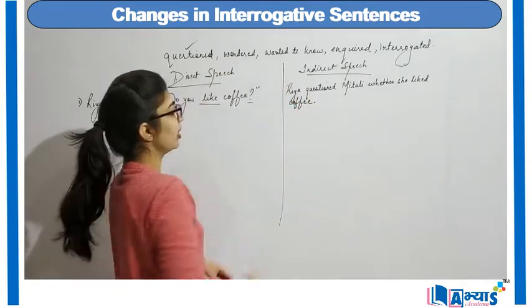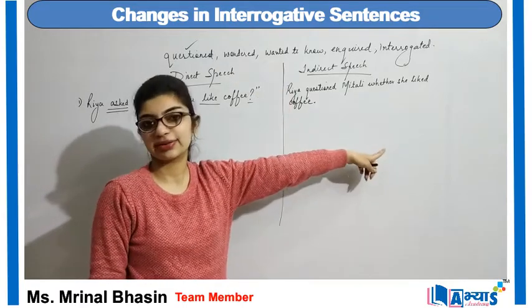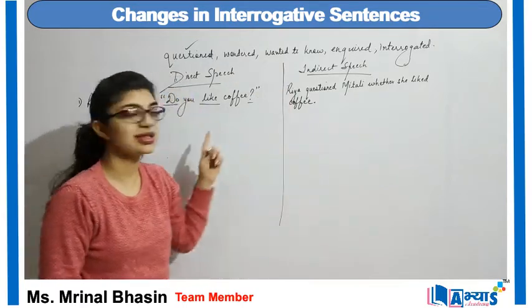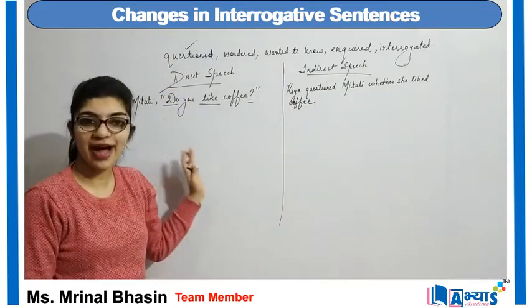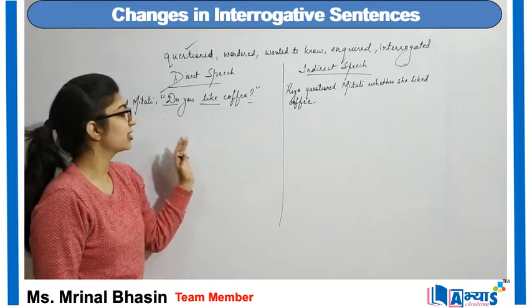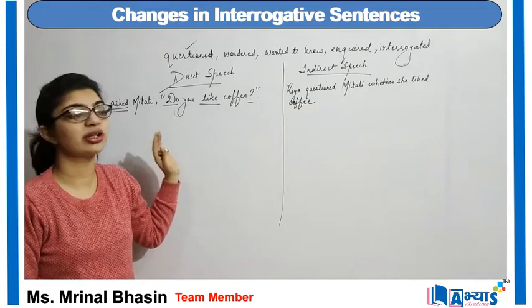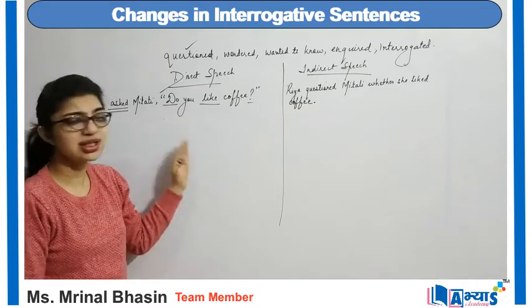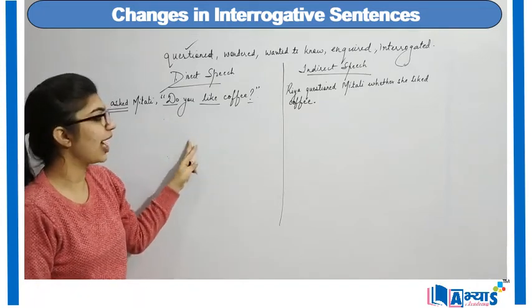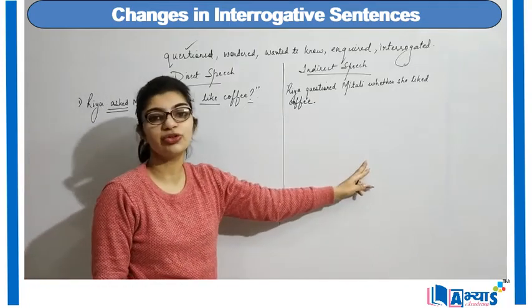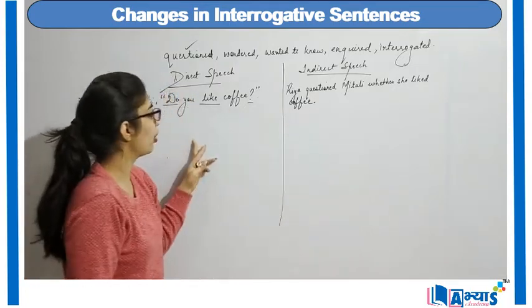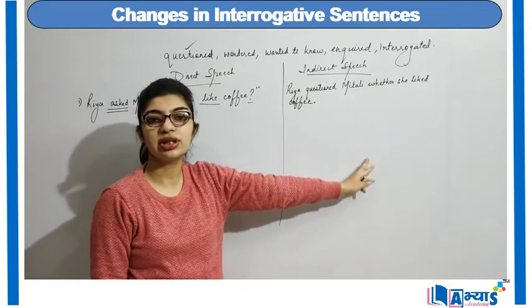Now like will change to liked. Why? Because this is not a universal fact, right? This is not any kind of fact, not a mathematical fact, not a historical fact, just a simple question. So for that, my tense will change. The first form changes to the third form.